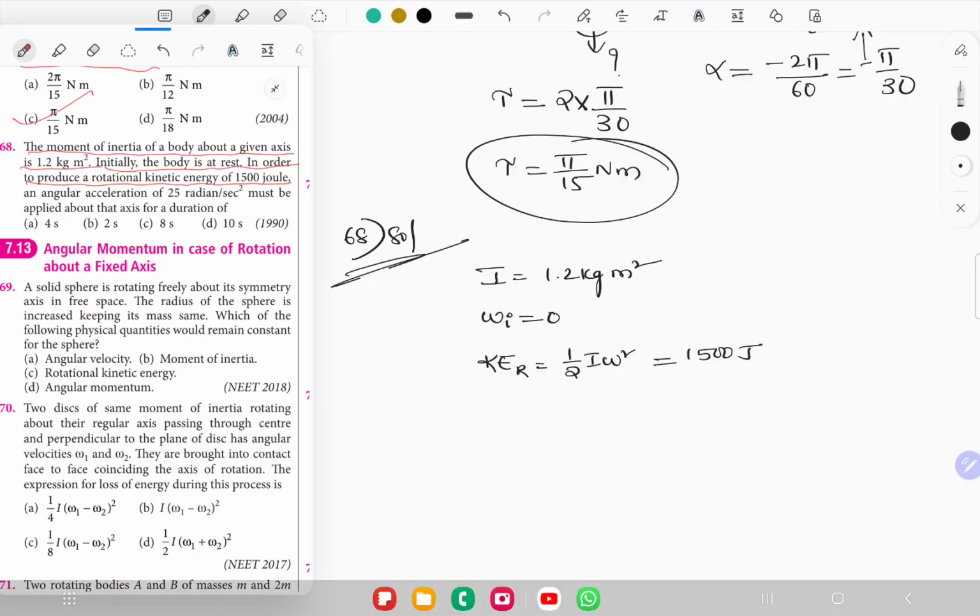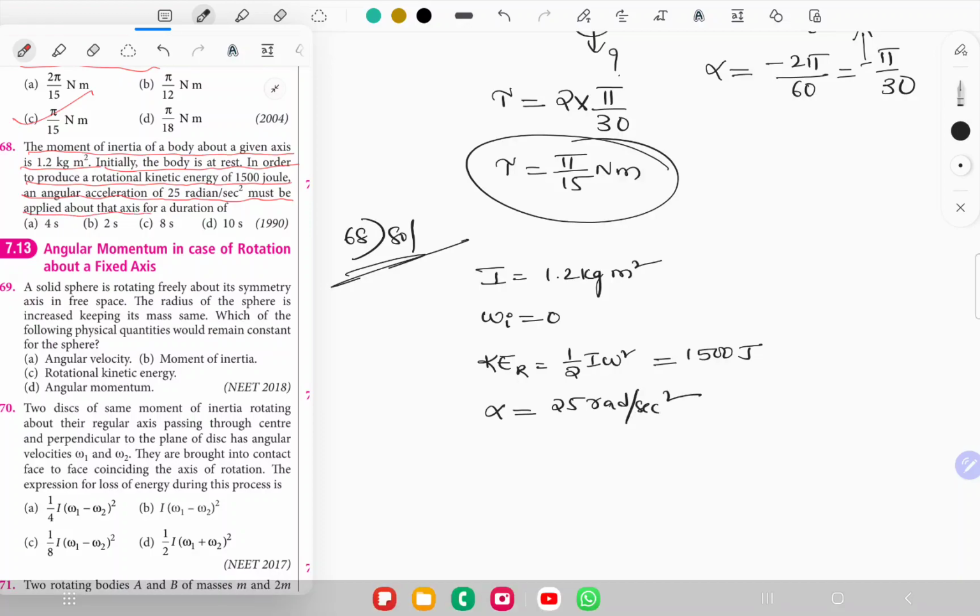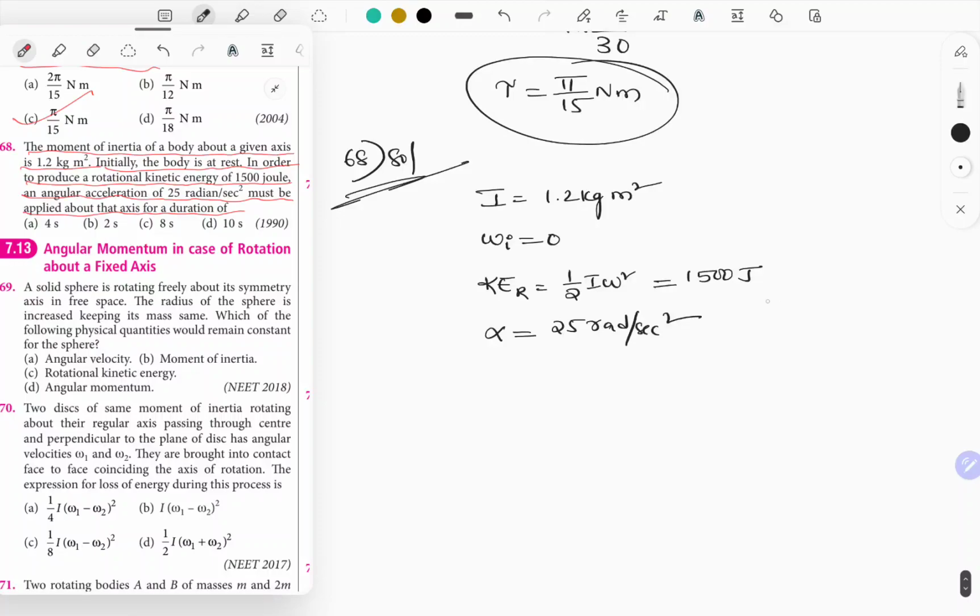Next, an angular acceleration of 25 radian per second square must be applied about that axis for a duration of. To produce this much energy, I need to apply this much angular acceleration for a duration of what? That's the question they're asking. Okay, super.